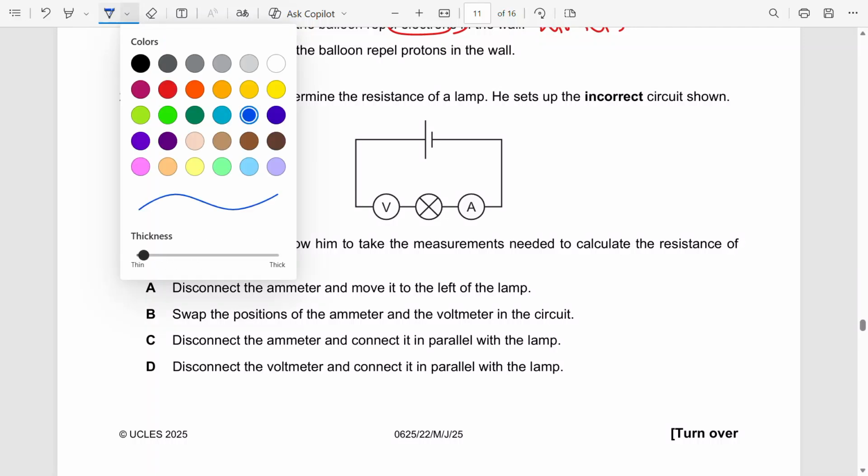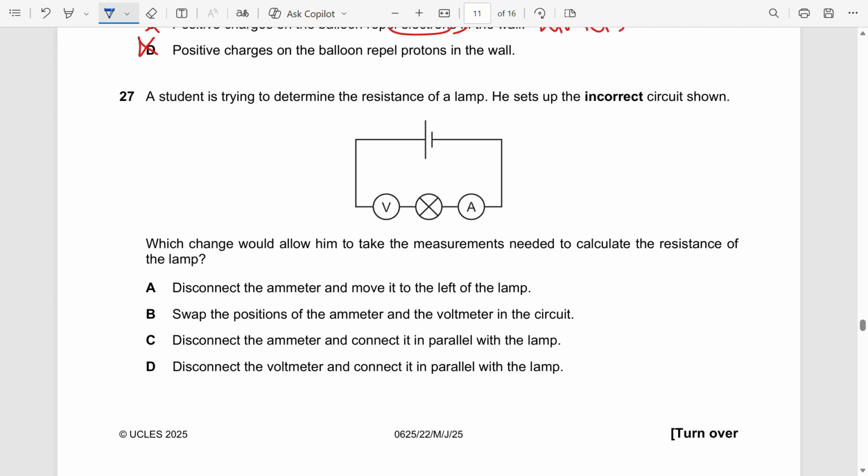Question number 27 tells you that a student is trying to determine the resistance of a lamp. The following setup is incorrect. Whenever you study the construction of a circuit, you must take care of these two things. The lamp can be connected in series, that's all right.